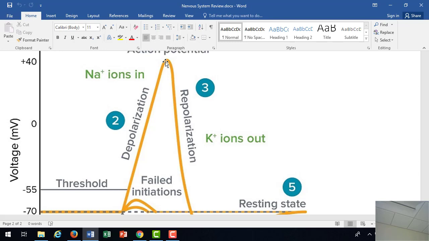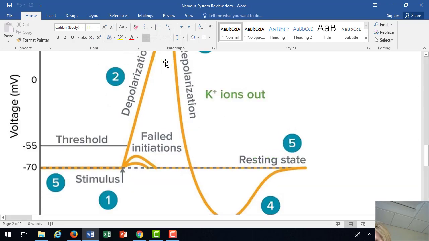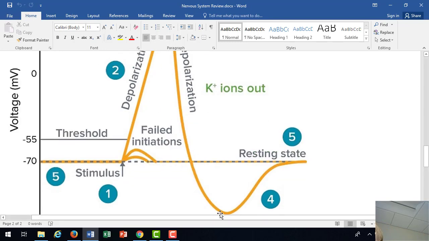What this graph doesn't show, until I slide it down a little bit, we see a little bit of this. This is called hyperpolarization because it's a little lower than resting, and that's because potassium channels are slowly closing. So as they're signaled to close, a little more potassium continues to leak out to make it lower than -70.